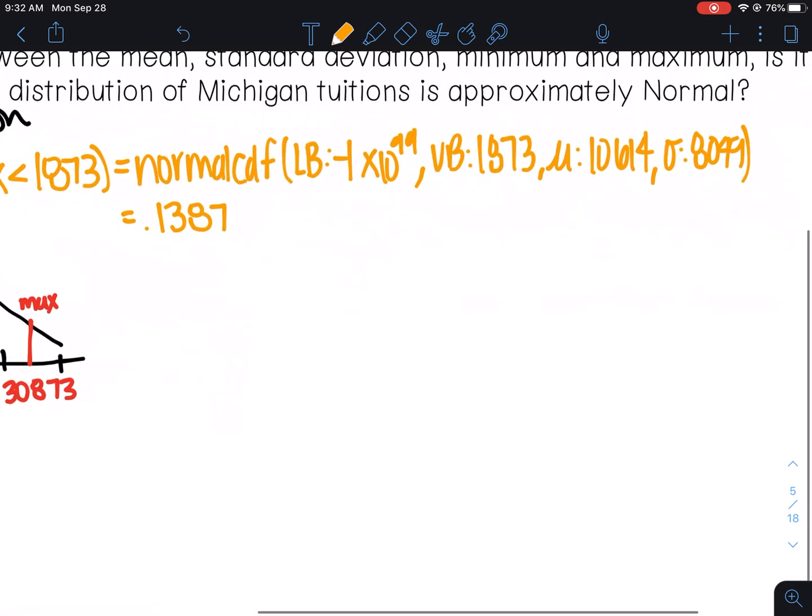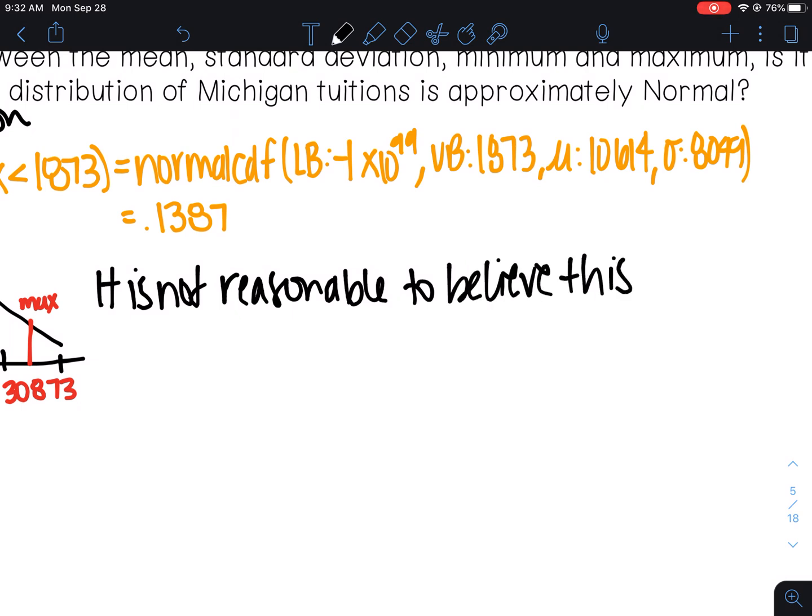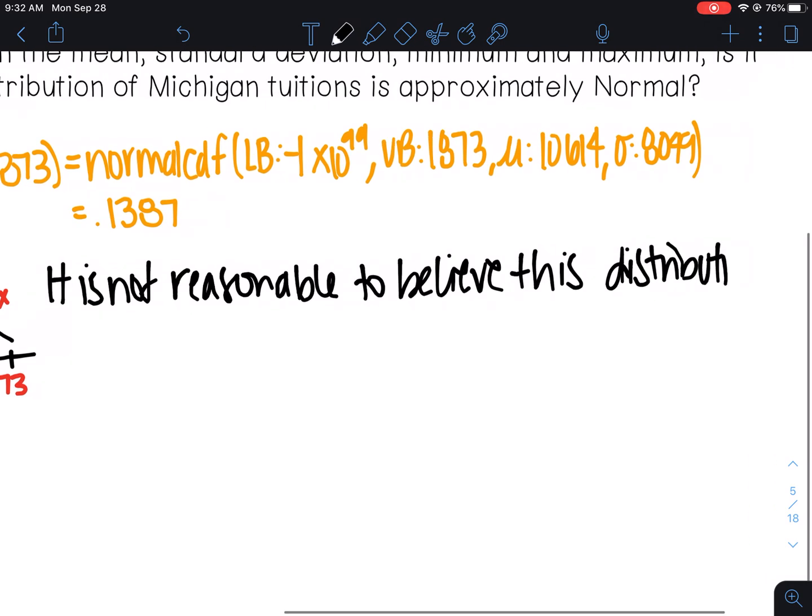So that's the statement that I would want to make: I wanted to find a contradiction, so I wanted to disprove it. So I would say it is not reasonable to believe this distribution is approximately normal.